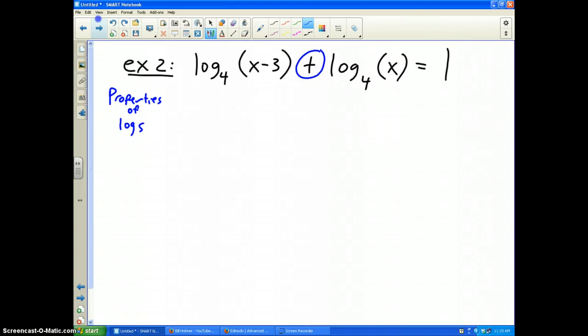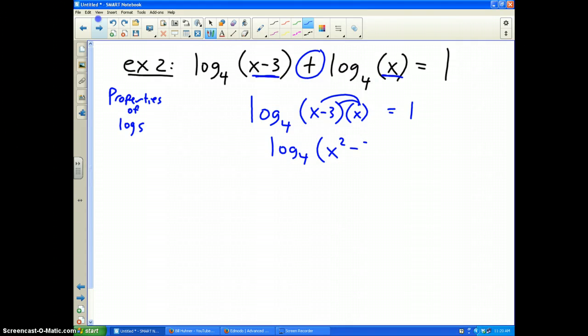Since it's add, that means I'm going to multiply the 2 pieces together that I underline and write it as a single log. Log base 4 of x minus 3 times x is equal to 1. Well, I'm going to multiply these pieces together and distribute. So I get log base 4 of x squared minus 3x is equal to 1.